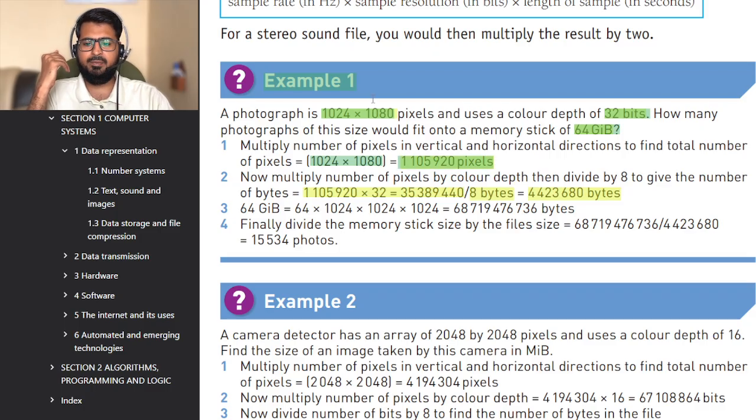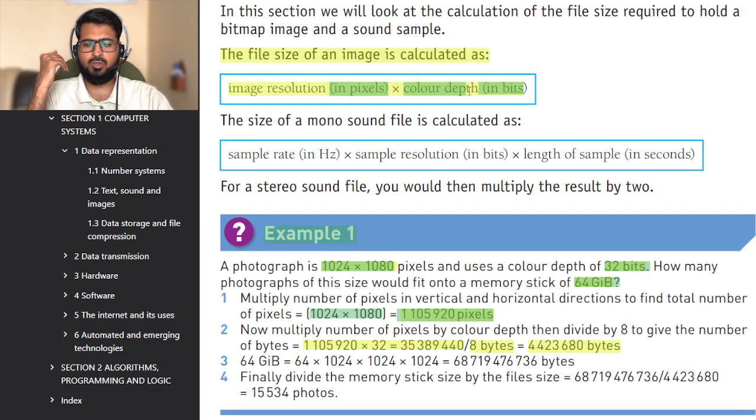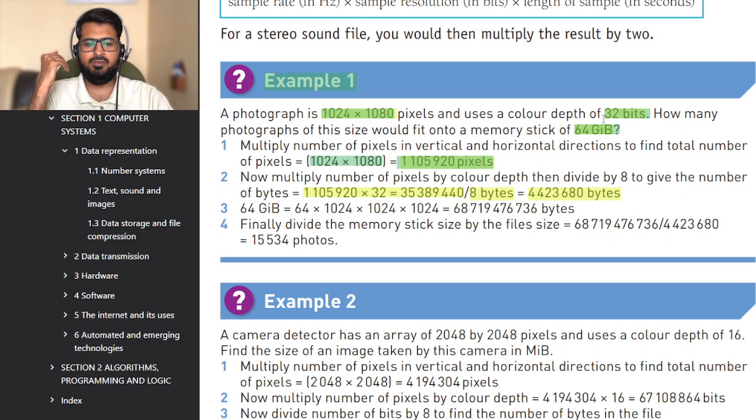Now multiply it by the color depth, which is 32. The total number of pixels multiplied by 32 gives you the total size of your image in bits, which is about 35 million. Now when we divide it by 8, we get the answer in bytes, right?